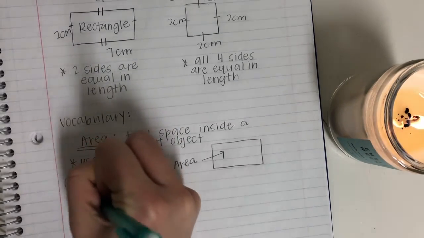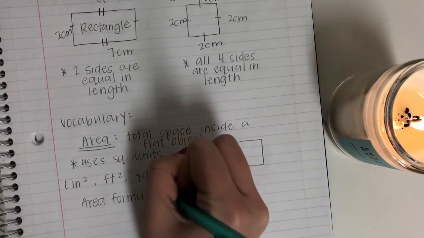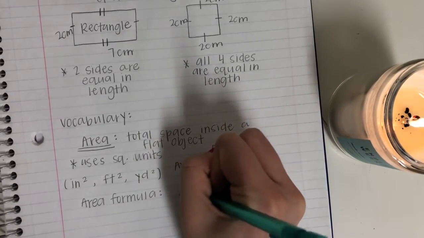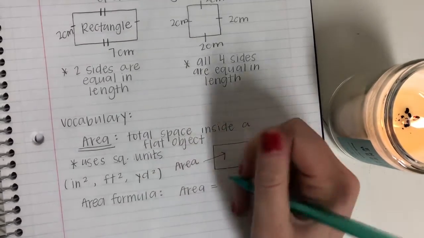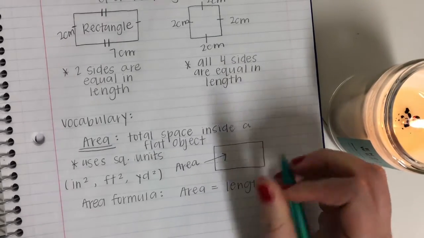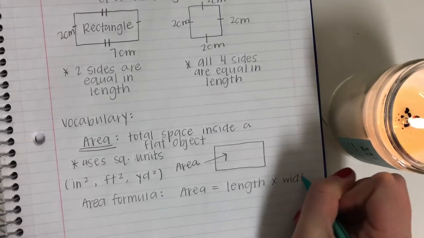So area formula is, so area equals length times width.